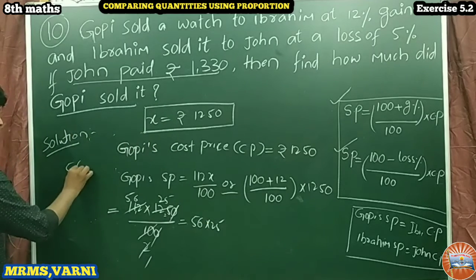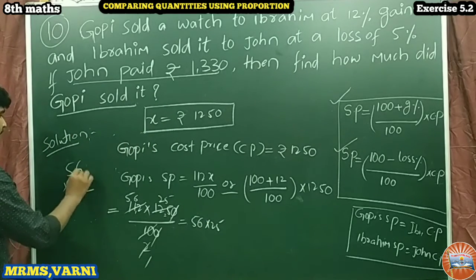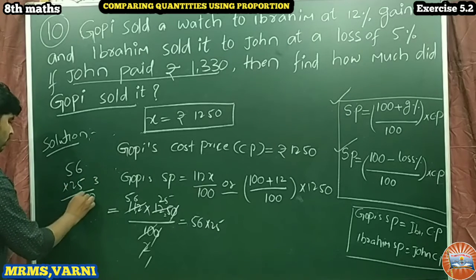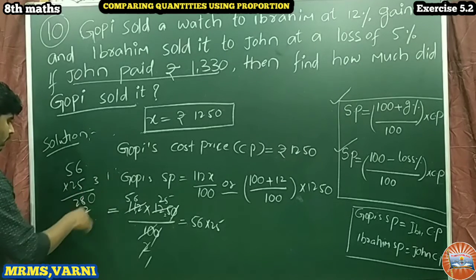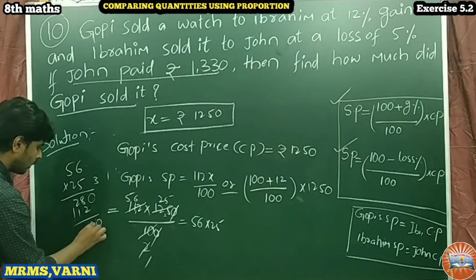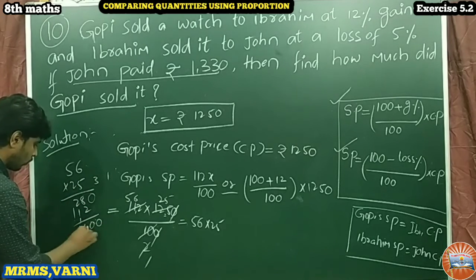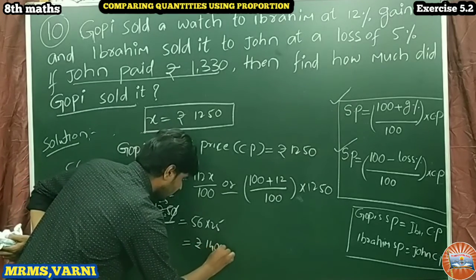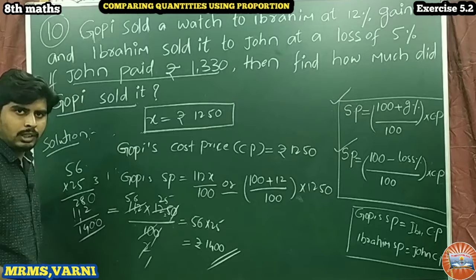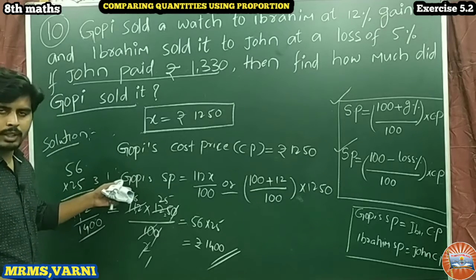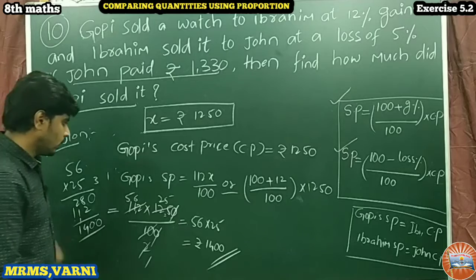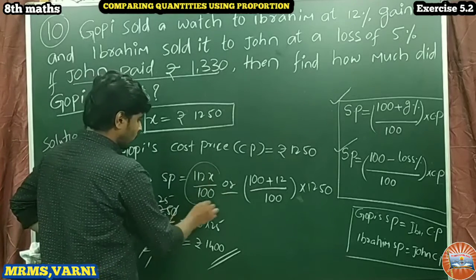Okay, multiply here, 56 into 25, 5 6 30, 5 5 is 25, 28, 2 6 12, 1 here, 2 5 is 10, 11, 0 10, 1 here, 4 1. That is nothing but rupees 1400, the selling price of Gopi, isn't it? Is it clear? Right, that is what we have to find. So if I take this, we got 1400.